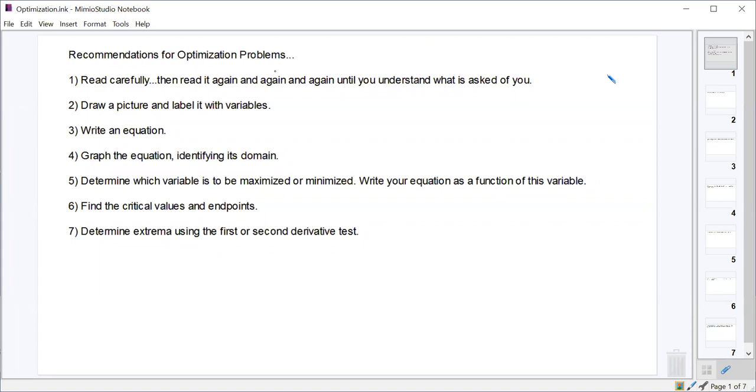So we want to determine what's to be maximized or minimized, and then write our equation as a function of that variable. Take your derivative, find the critical values, look at the endpoints, and determine your extrema. Okay. Should be pretty straightforward. Shouldn't be anything too complicated, anything worse than stuff we've done the rest of this year.